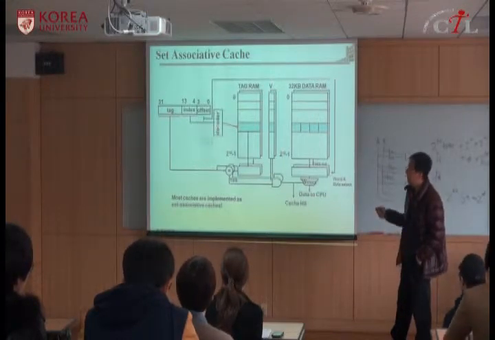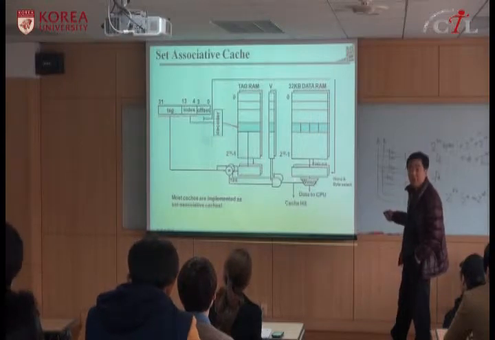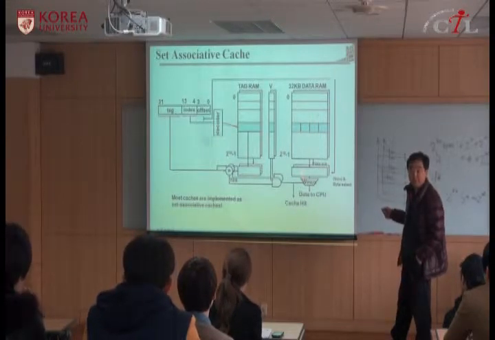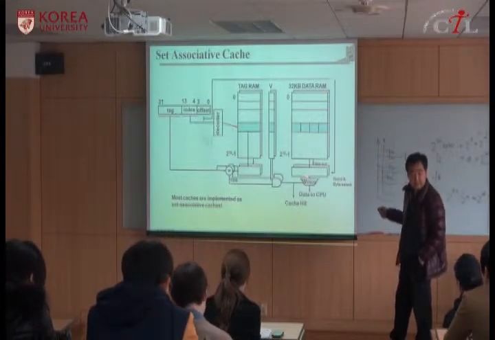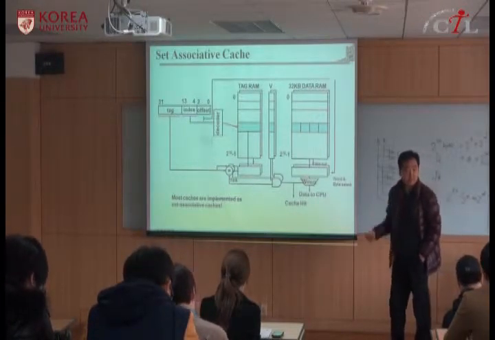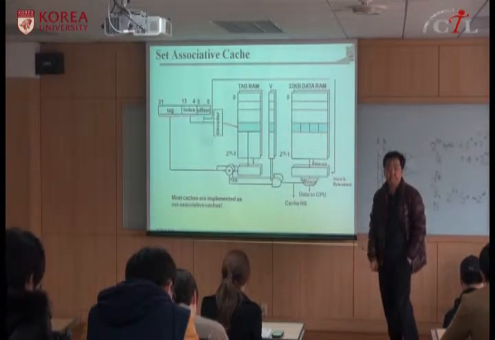So for this hit time, you need decoding, compare, and way mux. So this is a little slower than a direct mapped cache because you need extra muxing time. You have to select which bank will transfer the data. Okay?